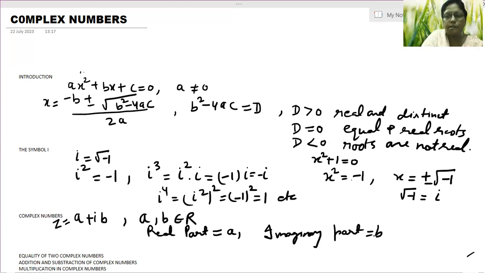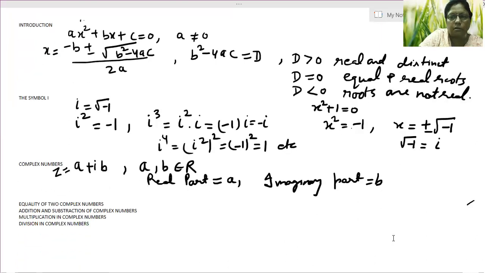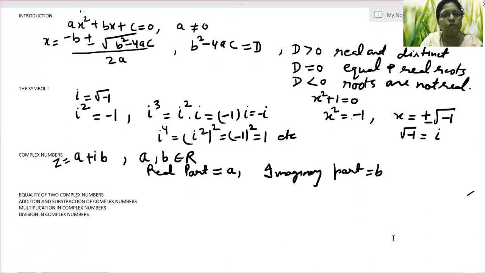So these are its real and imaginary parts. So the numbers in the form of a plus ib are called complex numbers, right? चलिए.